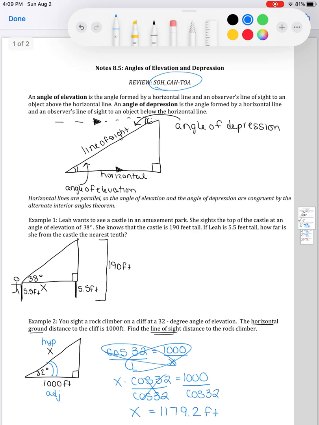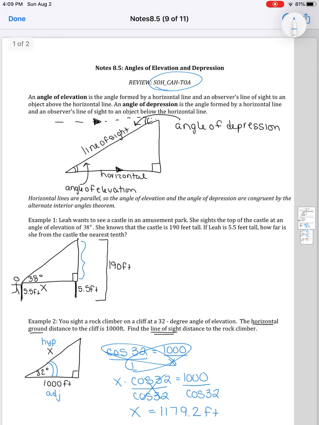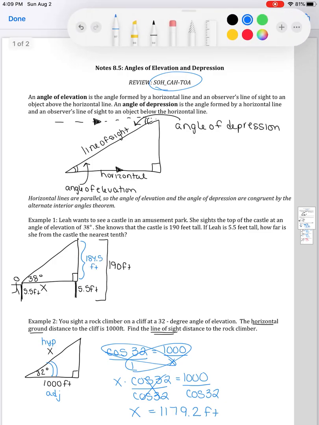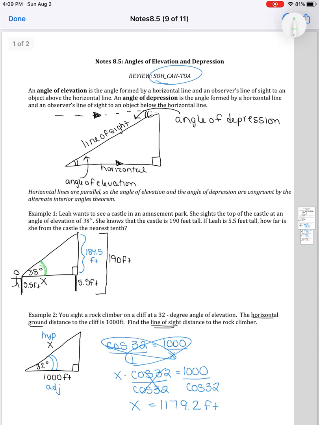And if they're telling us that the full tower is 190, what you have to do is figure out the difference with just that part, not including her height. So you have to do 190 minus the 5.5, which is 184.5 feet. That was the extra piece there, so just be careful. According to that 38, we've got opposite and we've got adjacent.